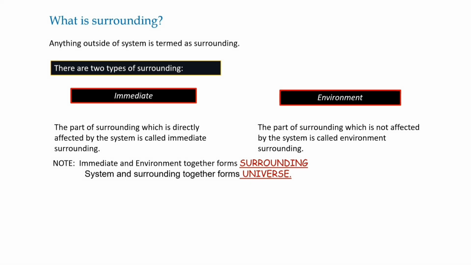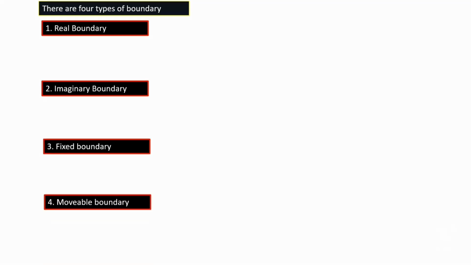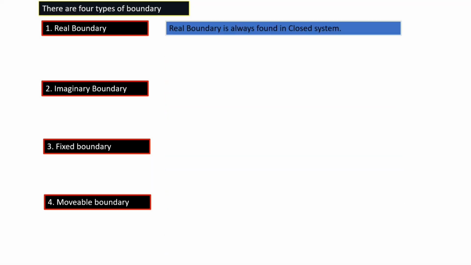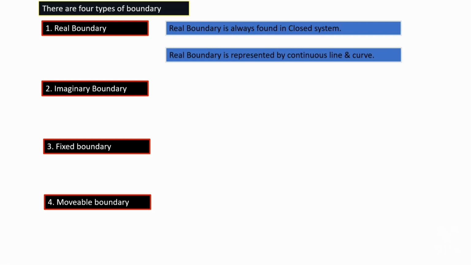What is boundary? It is an imaginary line that separates the system from the surrounding. There are four types of boundary: real boundary, imaginary boundary, fixed boundary, and movable boundary. Real boundary is always found in a closed system and is represented by a continuous line or curve.